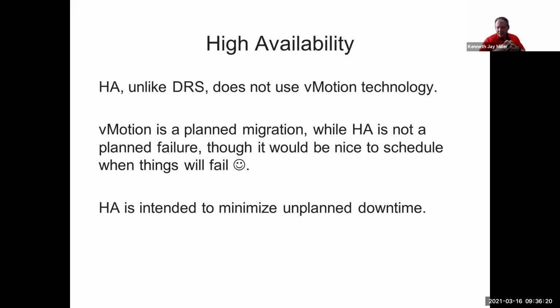I mean, it'd be nice to be able to do that. But this high availability handles it even if there is an emergency situation. Whereas vMotion and DRS is like, we know about that. We're the ones initiating that. This is just the luck of the draw initiating these.